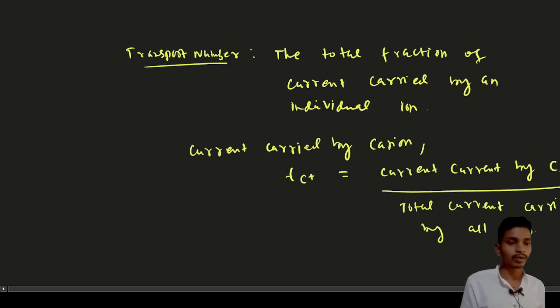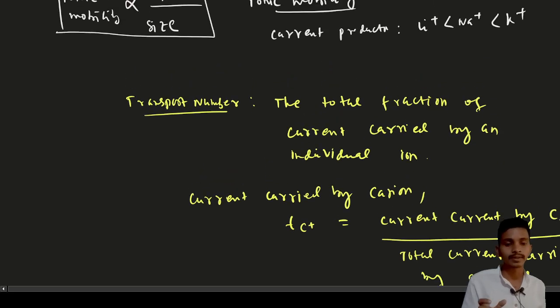So the transport number is what we express for calculating the individual current carried by cations or ions.